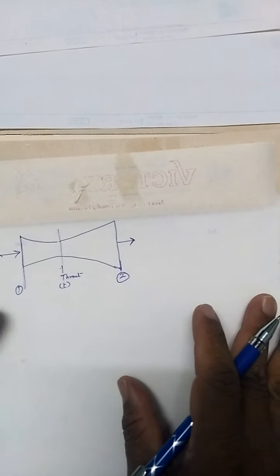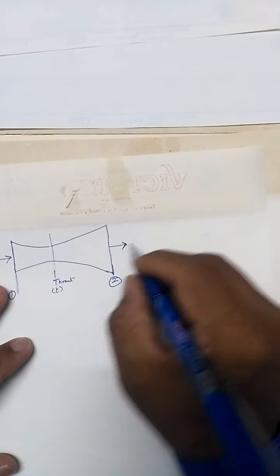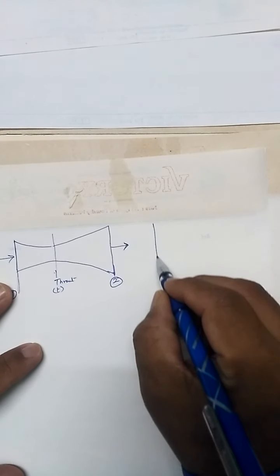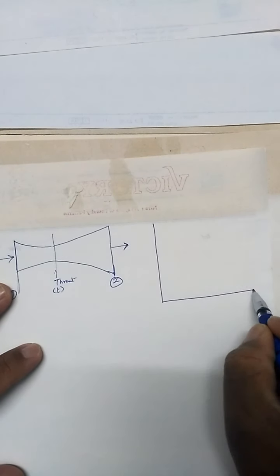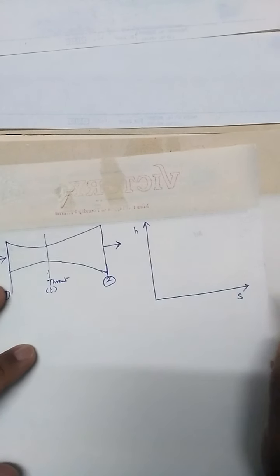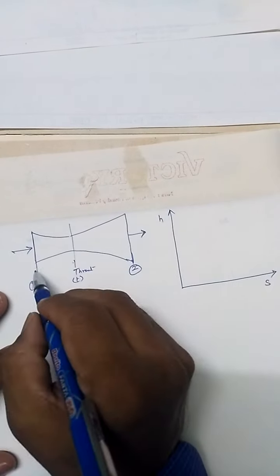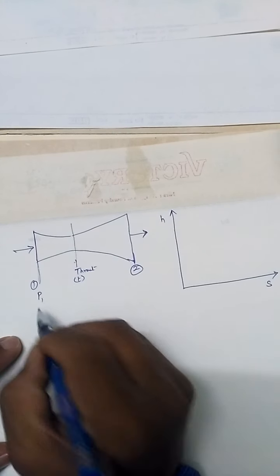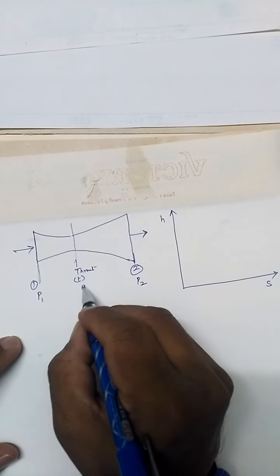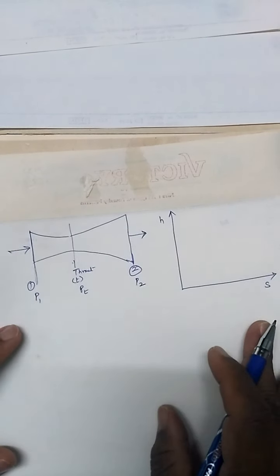The h-s diagram for this expansion will be like this. So this is the h-s diagram, and here this is pressure 1, here it is pressure 2, and here we are getting the throat pressure PT.